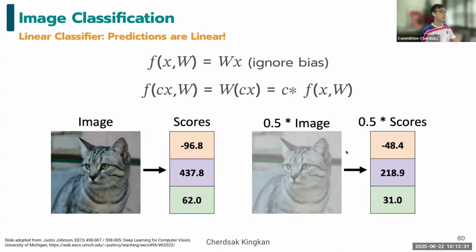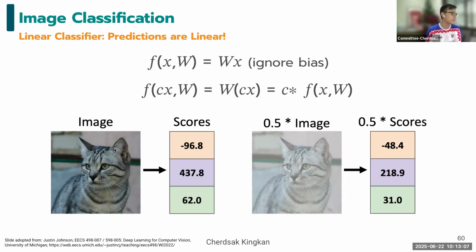All right. So if we look at this linear classifier, the predictions are also linear. Let's first ignore the bias. If you do something with the image, for example, you multiply the image by some scalar value, then what you get is just the scaled version of that.